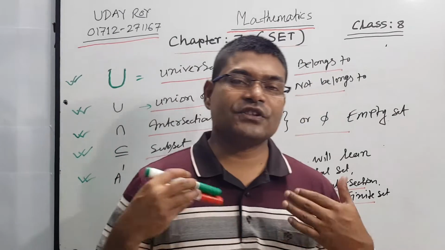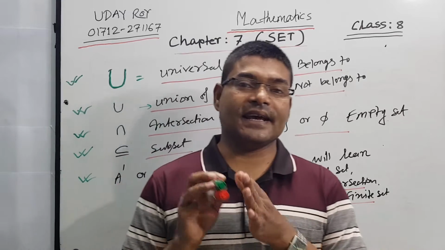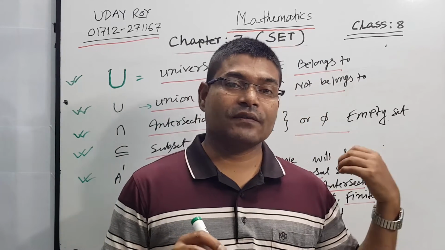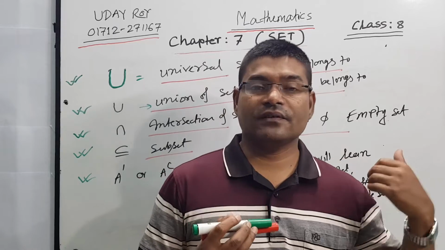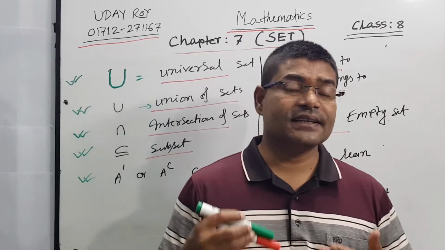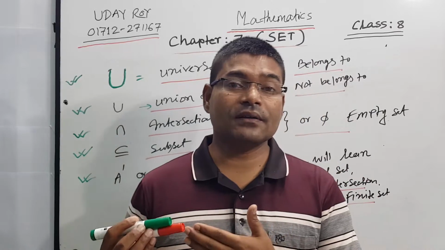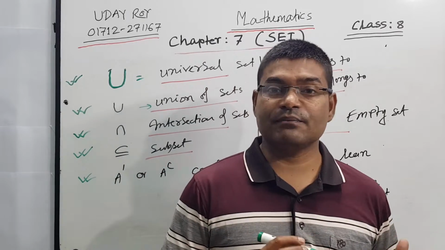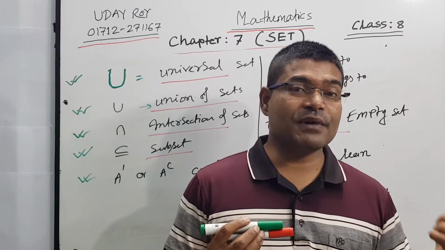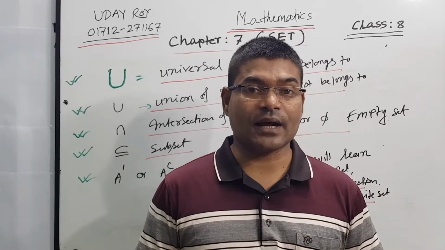I'll try to complete this exercise between two lectures. Today I'll teach the first lecture only, related to universal set, intersection, union, and complement related maths. And in lecture 2 I will discuss set builder methods and Venn diagram also.